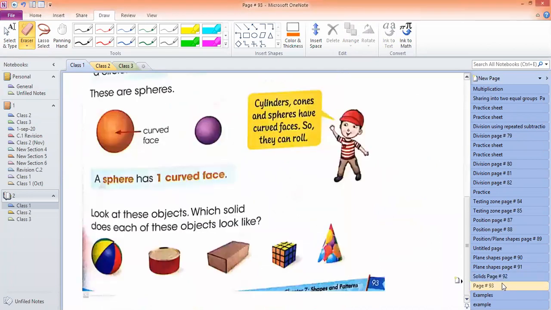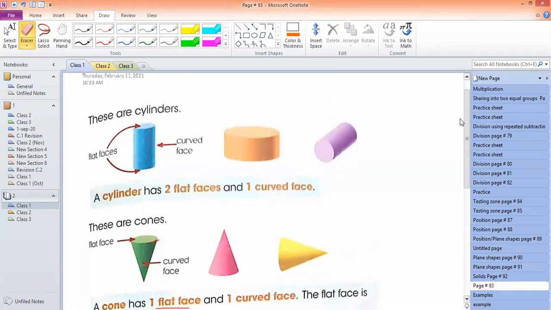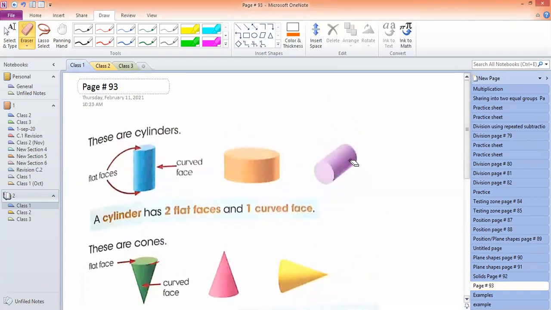Let's come to cylinder and cone. This is the shape which you studied yesterday. Cylinder. You studied about cylinder. That cylinder has 3 faces. How many faces? 3. 2 of the faces are flat. This one and this one.